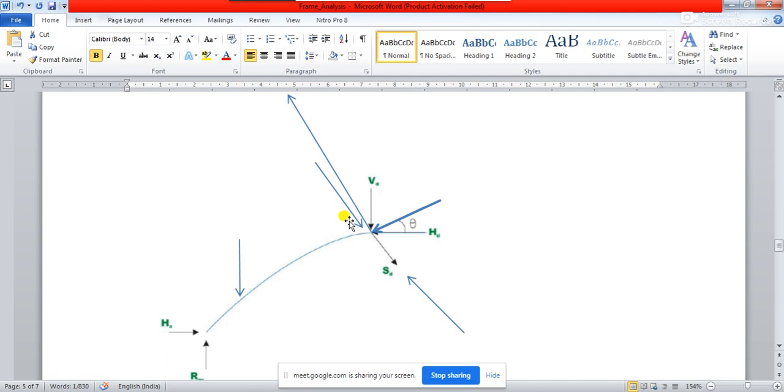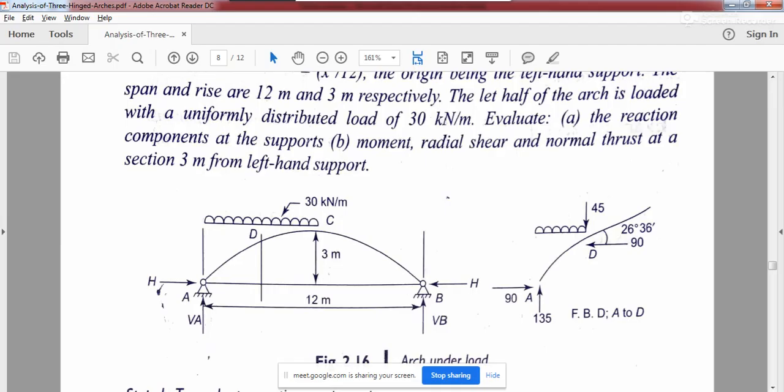So in this case, you should be very cautious about finding the value of the vertical and horizontal forces at that particular point from the free body diagram. And that is very simple. How to do it? You know the horizontal force acting is 90.